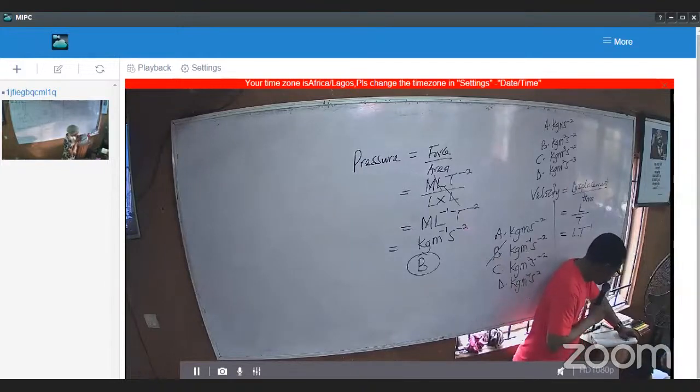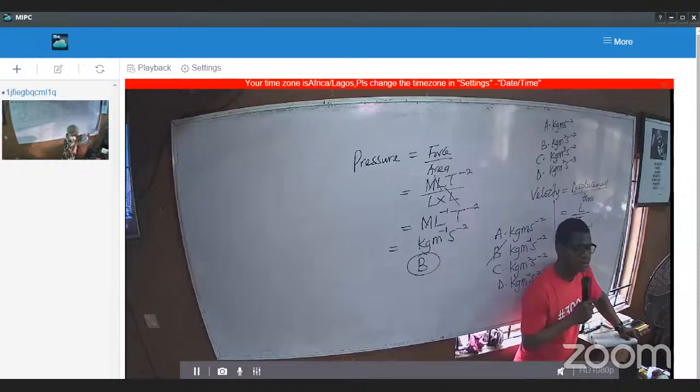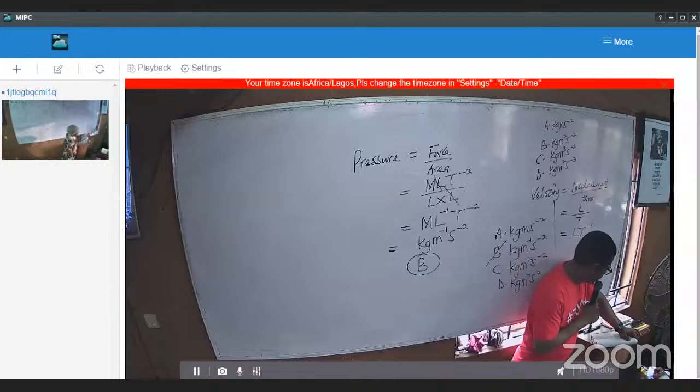Number 9. What of the following properties of a steel bar, S-T-E-E-L, can be measured in terms of the dimension of length only?